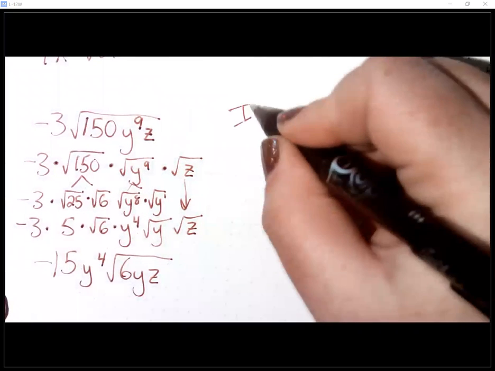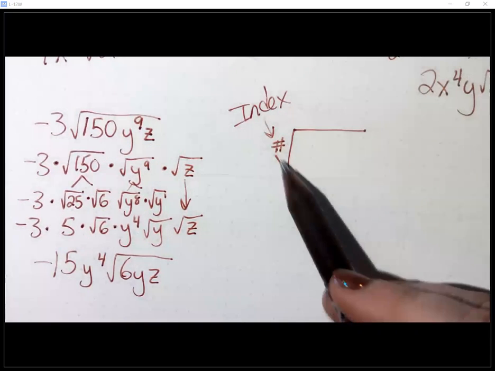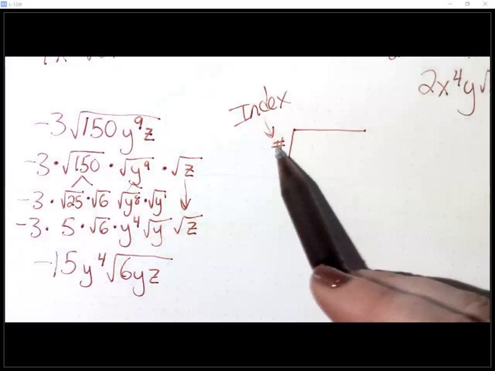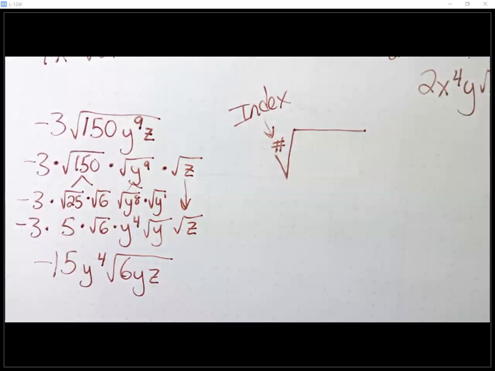So that little tiny number that sits on that little, I call it a bird on a perch. So that's like a little birdie, and here's the little perch. Your little bird on a perch is called the index, and that tells you what root you're taking. Is it a square root? Is it a cube root? Is it a 4th root? I don't know. That number would tell us.